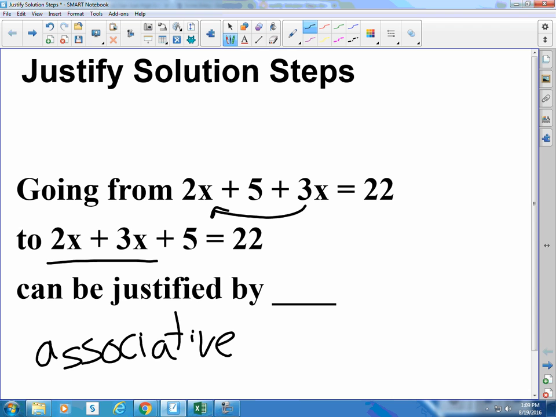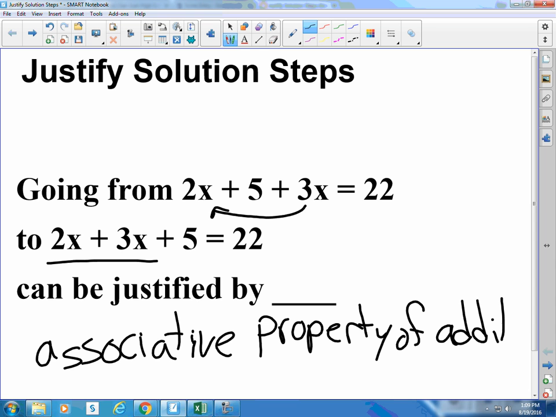Meaning you can put them in, the order is not important. And we're talking about addition. That's the reason that the order is not important, is because we're adding.